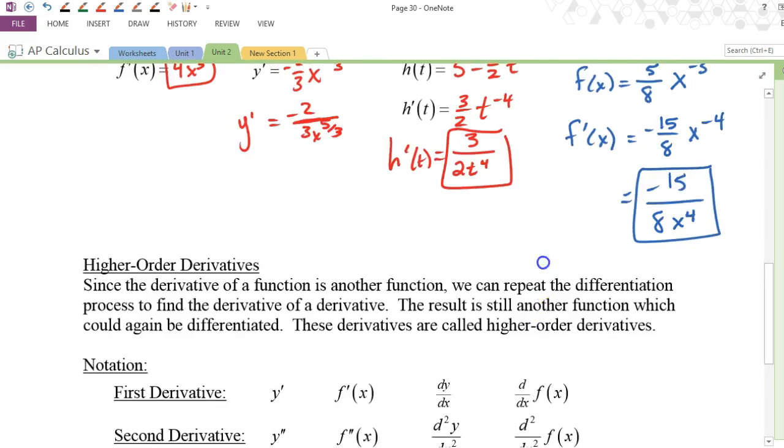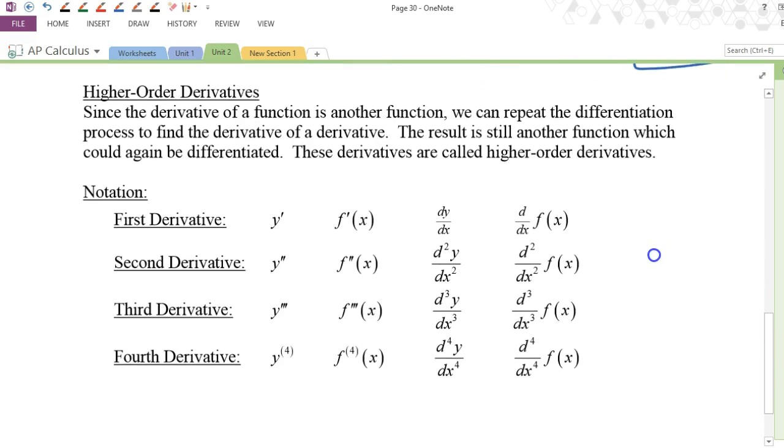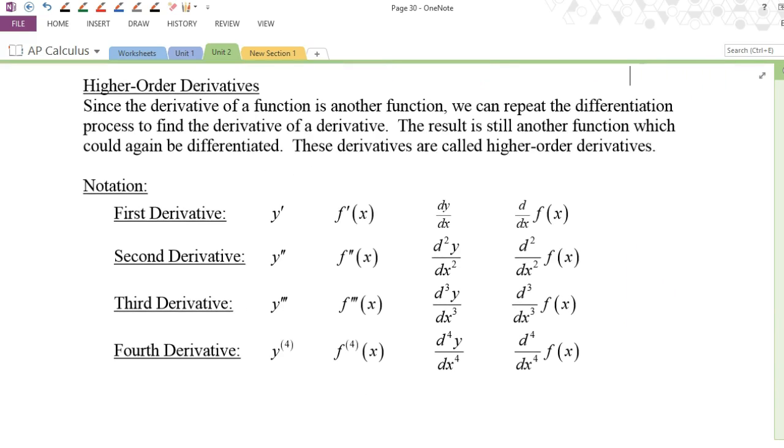Okay. They also talk about higher order derivatives. So just take a look for the most part at the notation of this. Basically what it means, a second derivative is take the derivative of a function and then do it again. Just keep finding the derivative of the derivative however many times they tell you to.